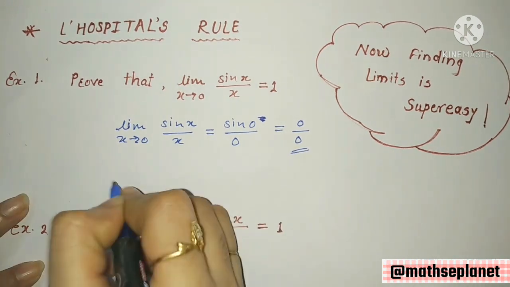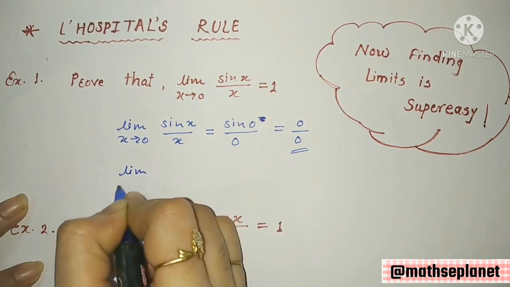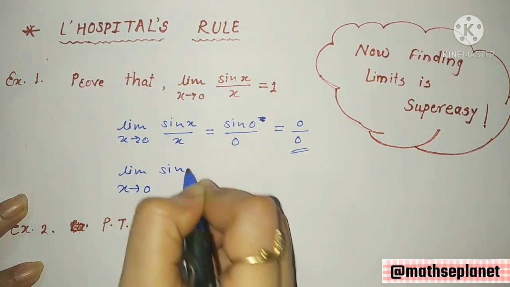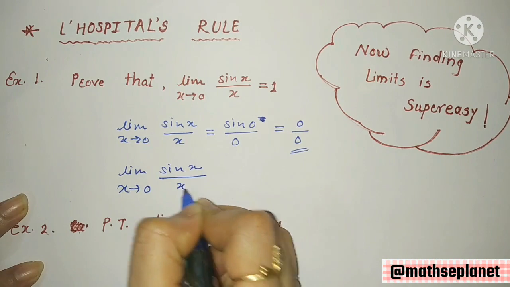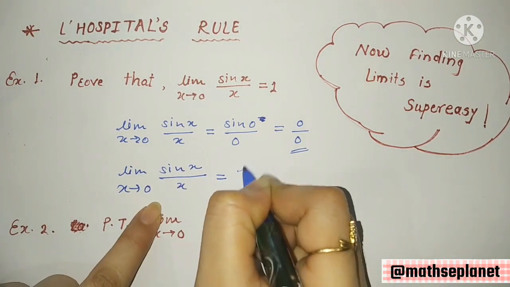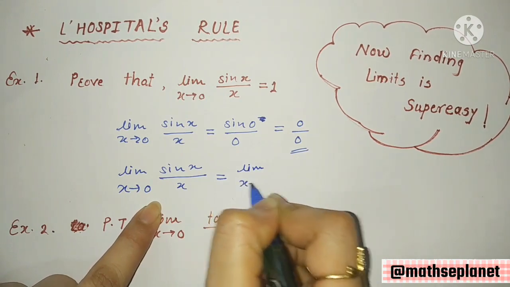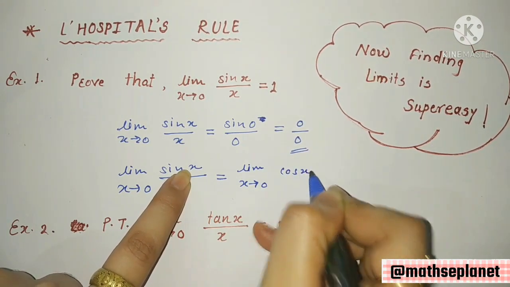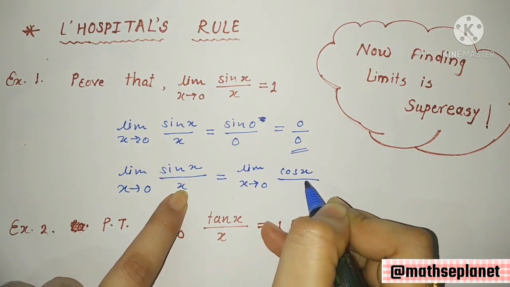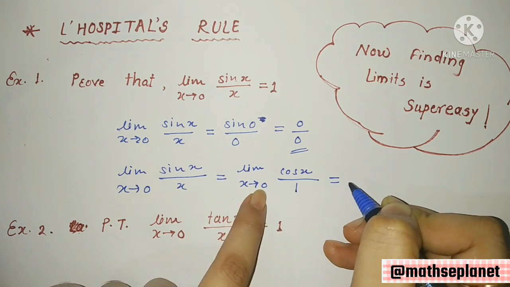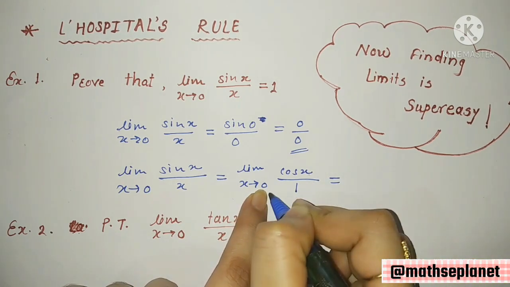According to the theorem, we can write limit x tends to 0 of sin x upon x equal to the limit x tends to 0 of the derivative of sin x, which is cos x, upon the derivative of x, which is 1. Now we can put the value of x as 0.